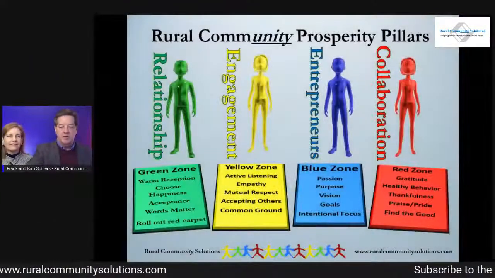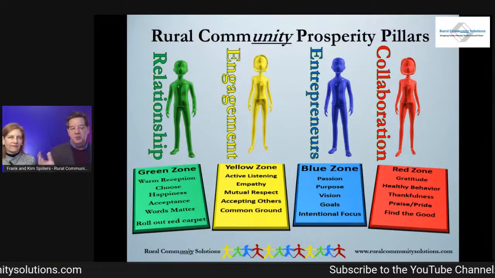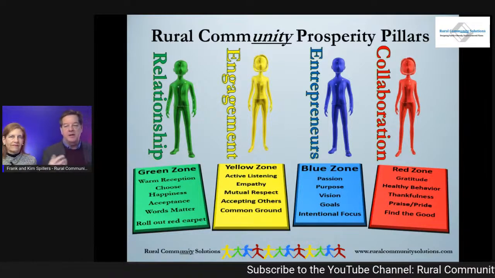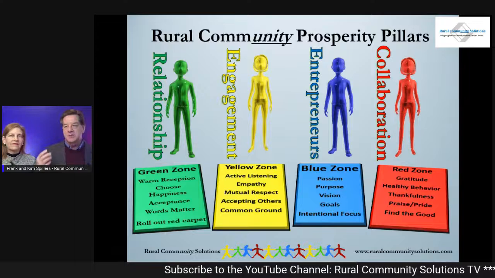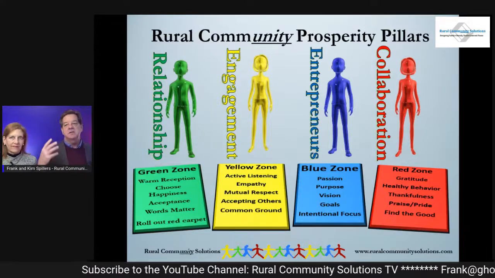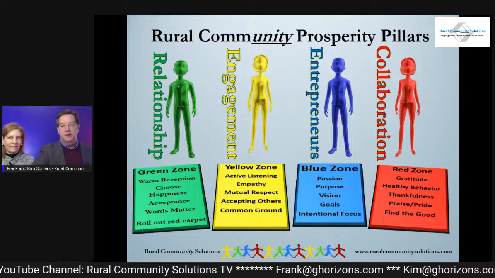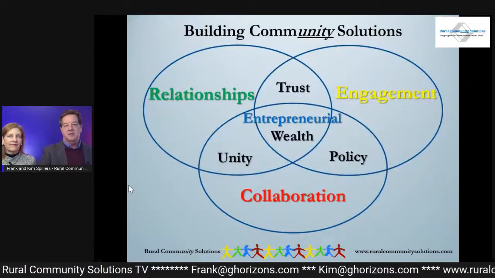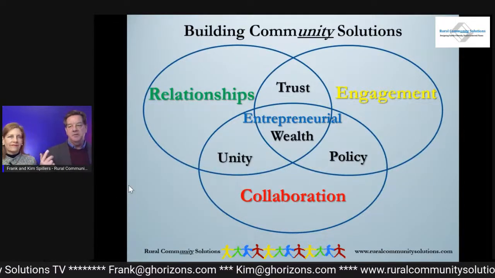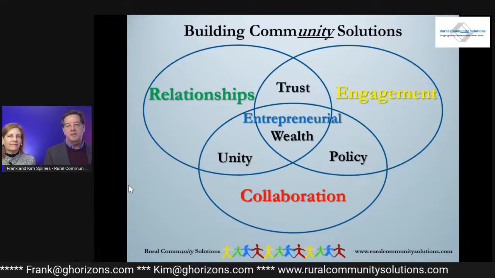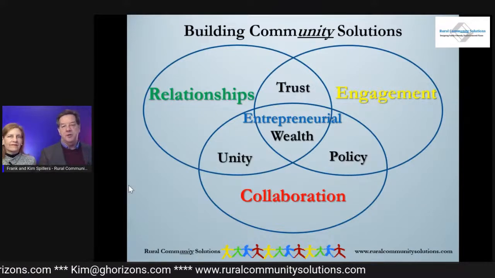So we actually have 4 pillars that we talk about of doing and building community prosperity. And that is build relationships, engagement, entrepreneurs, and collaboration. And when you build all of those processes together, you create unity, trust, and great policy that creates entrepreneurial wealth.